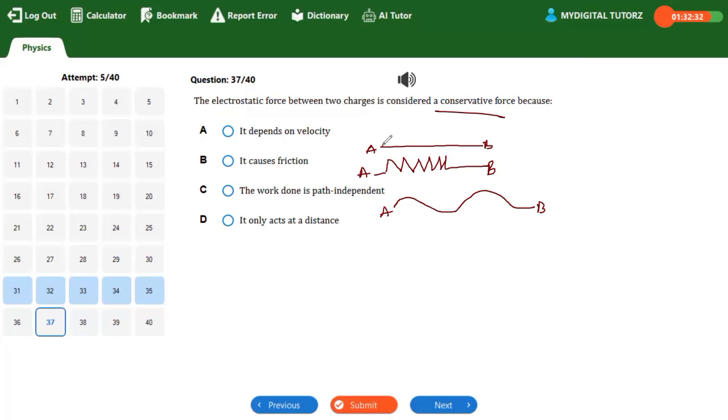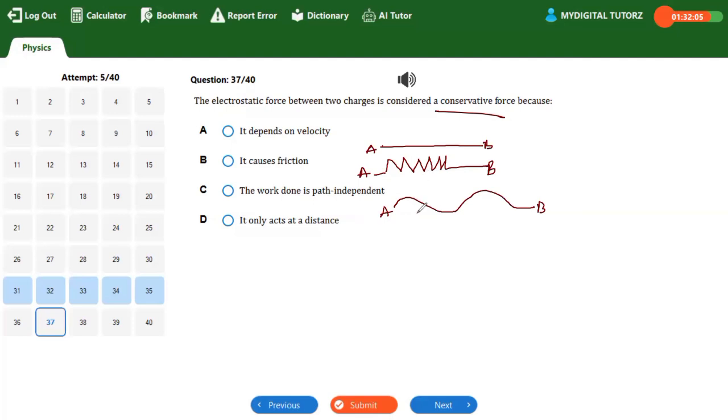If the starting point and the ending point are the same in the other paths, then the work done will be the same. So that is why it's path independent. Is that understood? Examples of conservative forces are electrostatic force, gravitational force, and also spring force. They are all examples of conservative forces.